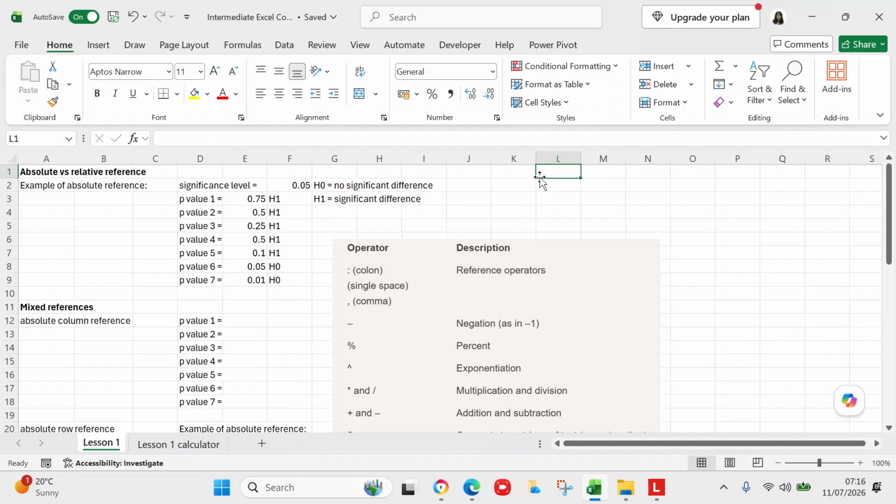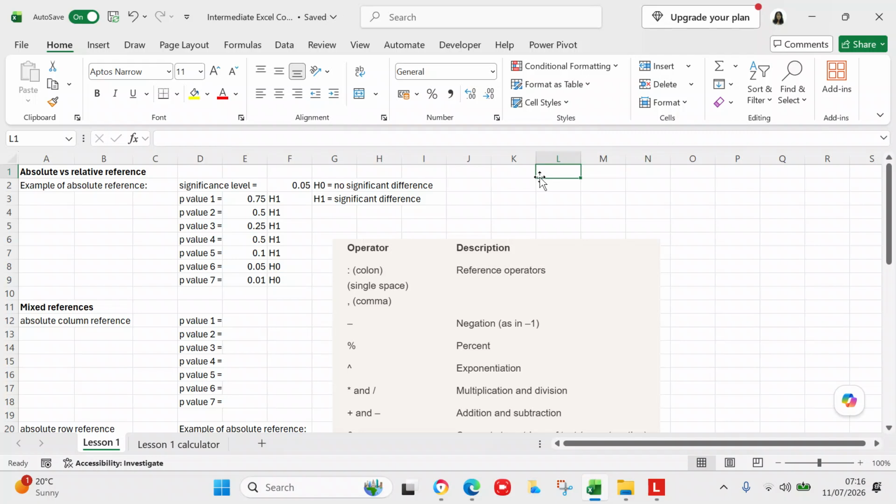Basically you calculate whether there's a significant difference or not by using something called a p-value. If the p-value is greater than the significance level of 0.05, then it's going to be H0, which is no significant difference.